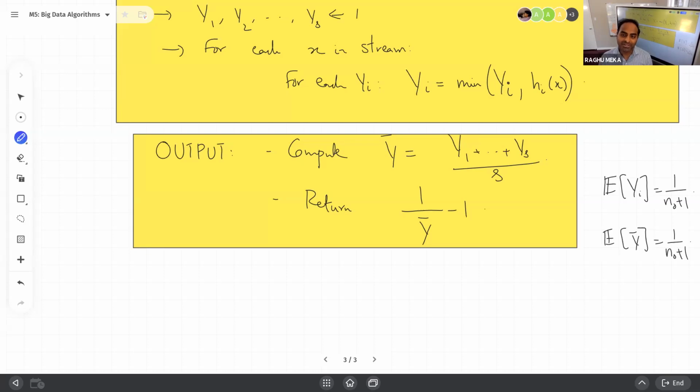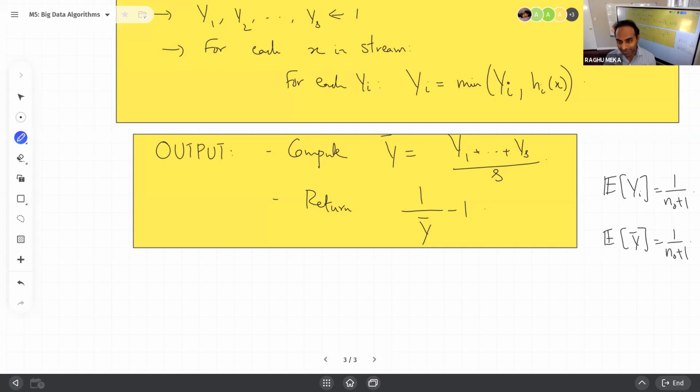But if I want to get an estimate on the reliability, what other information do I need besides the expectation? Reliability is the probability, but that's too much information; that's often very hard to compute.